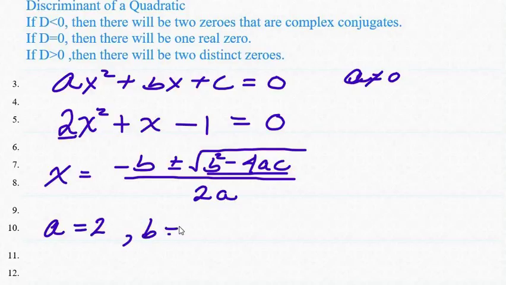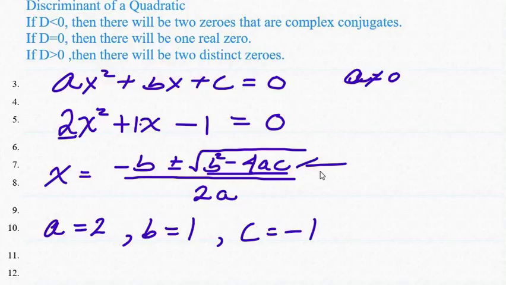Our b, there's assumed to be a coefficient of 1 there, and c is going to be negative 1. So c is equal to negative 1.